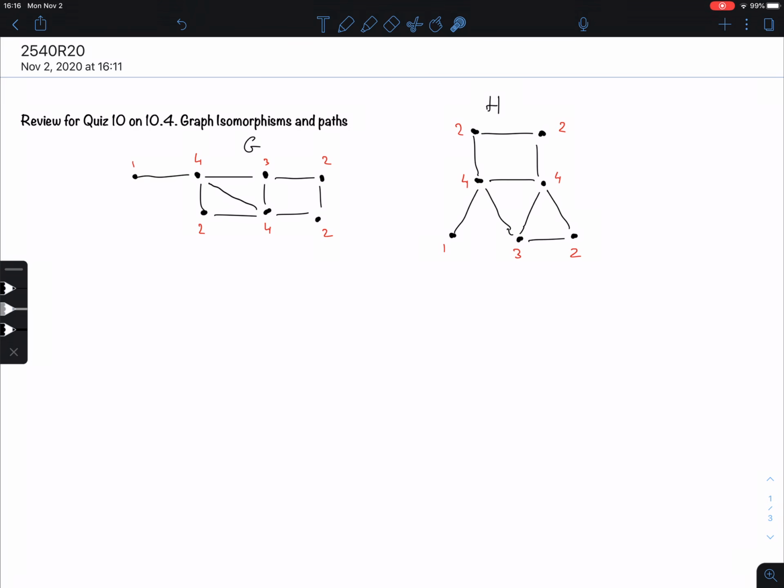This has a 2, 2, 3, and a 4 neighbor, and here we have also a 2, 2, 3, and a 4 neighbor. So the 2 degree 4 vertices are distinct. So if there is an isomorphism, it will send this degree 4 to this degree 4 and this degree 4 to this degree 4. Moreover, this degree 1 has to be sent to this degree 1, right?